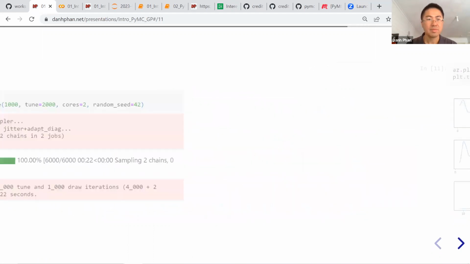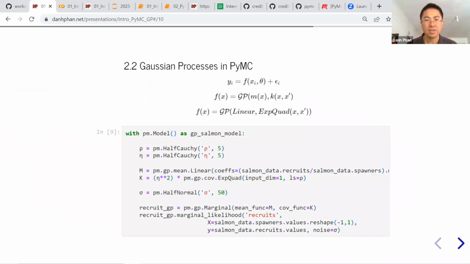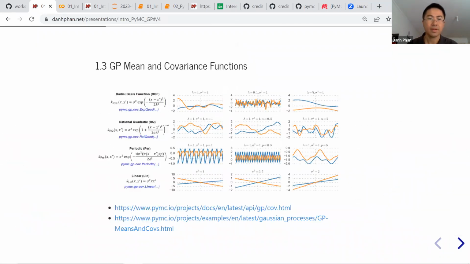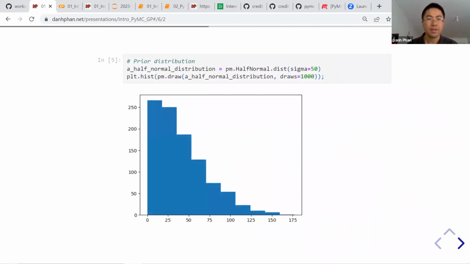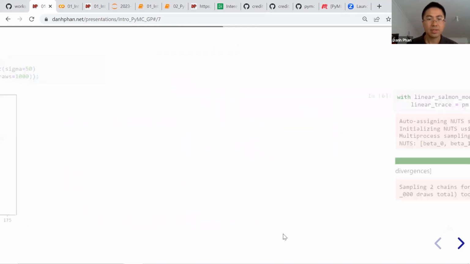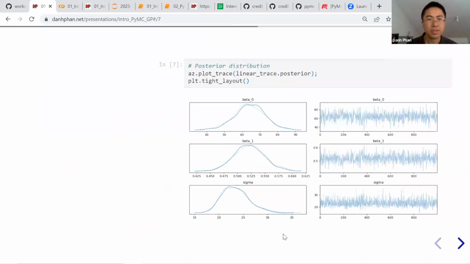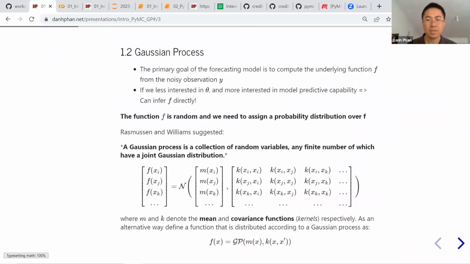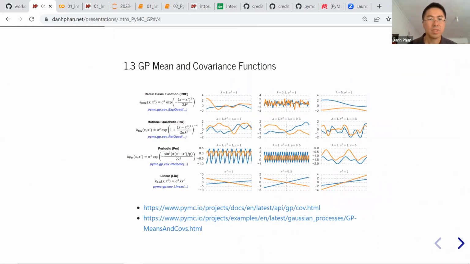I think they mentioned linear regression here, right? Yes, in linear regression.